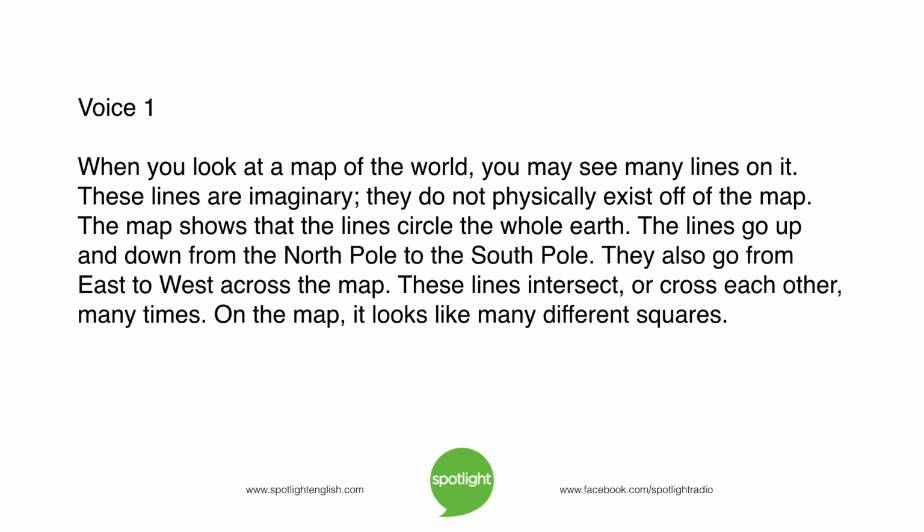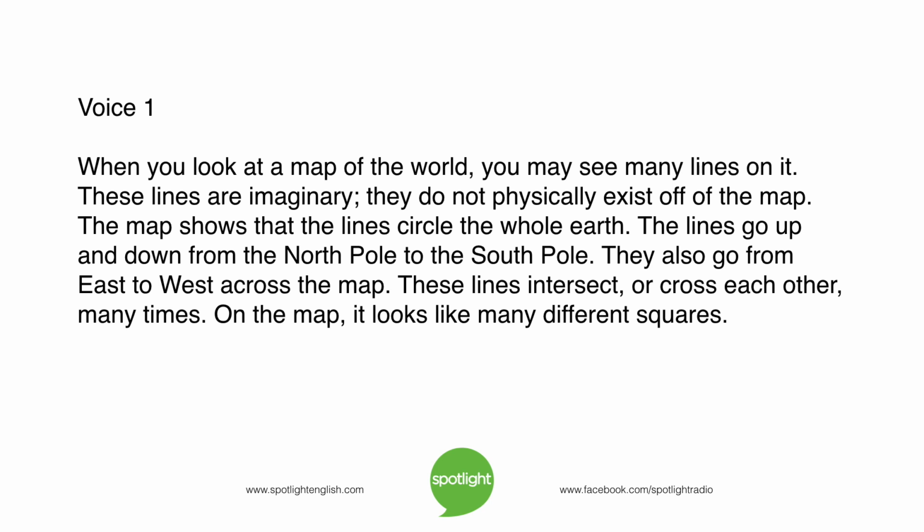When you look at a map of the world, you may see many lines on it. These lines are imaginary. They do not physically exist off of the map. The map shows that the lines circle the whole Earth.